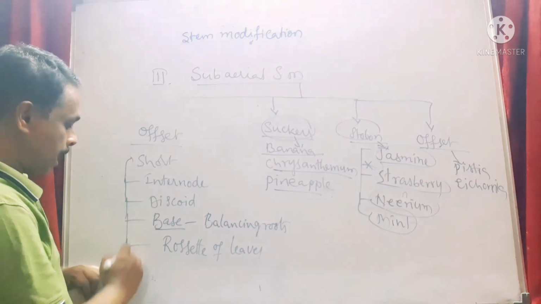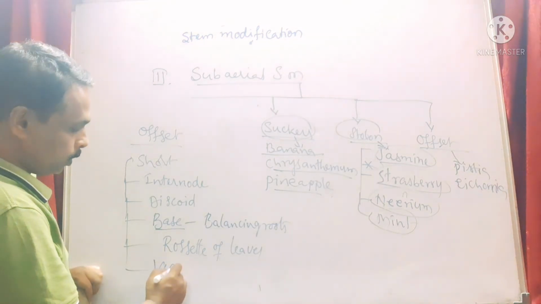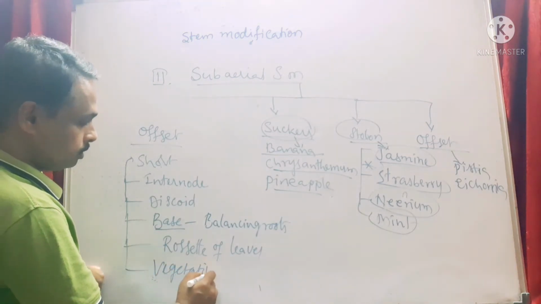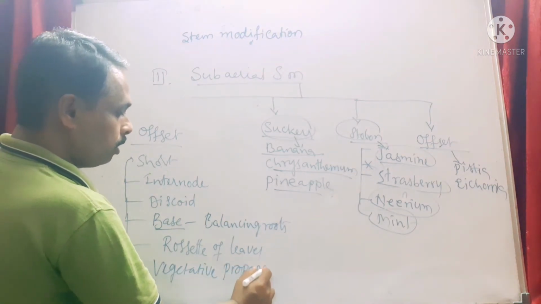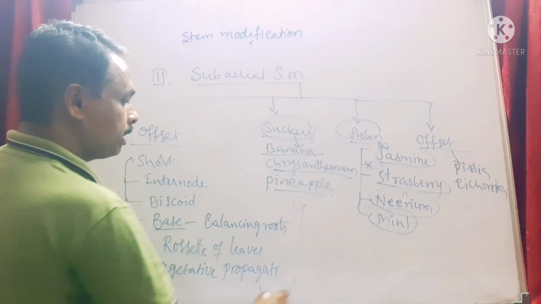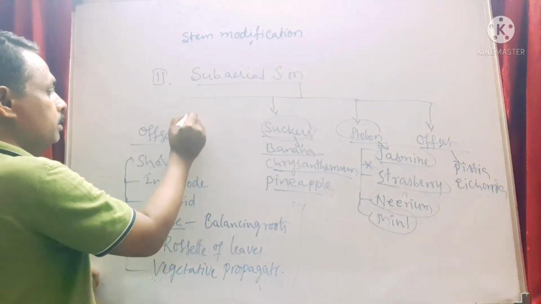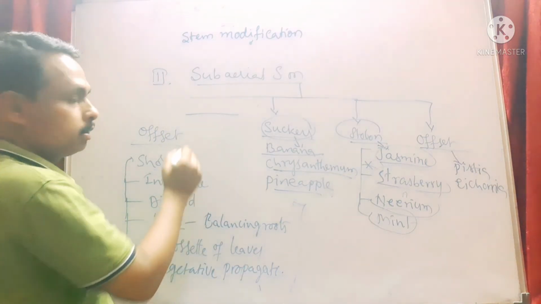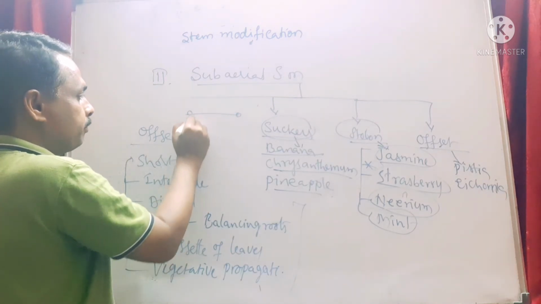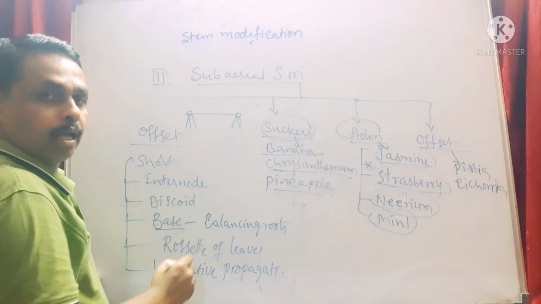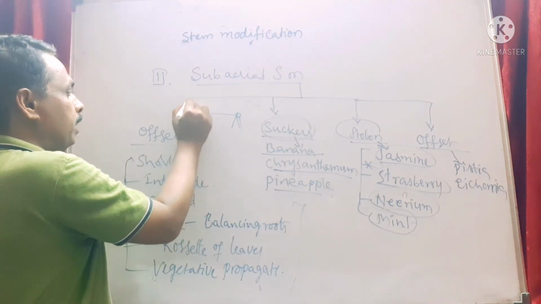These structures will help for vegetative propagation in water, a hydrophytic adaptation. See, this is the short internode, and there is a discoid stem present. At the base, there is a tuft of balancing roots. Above this, there is a rosette of leaves.